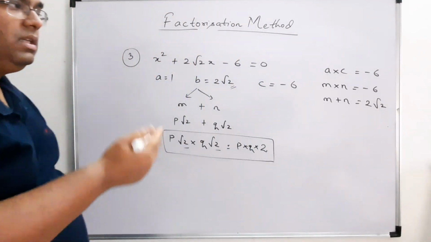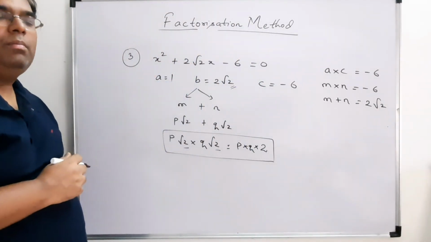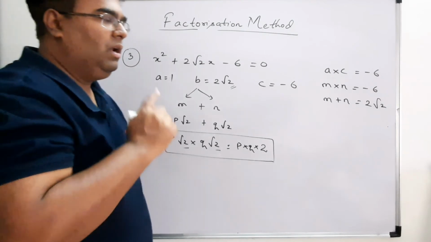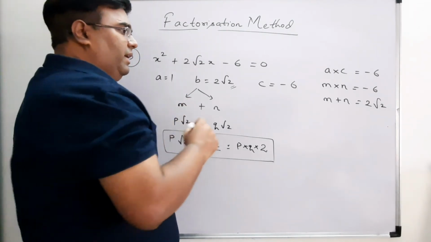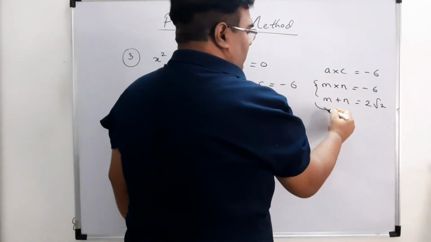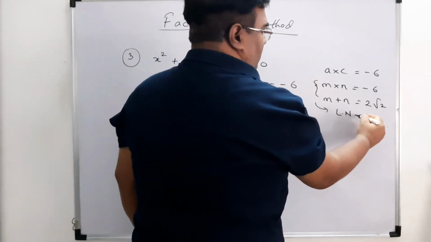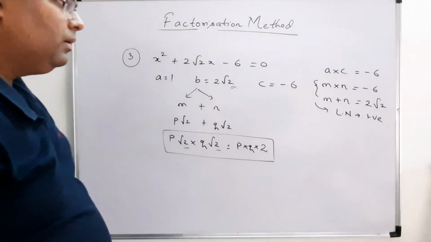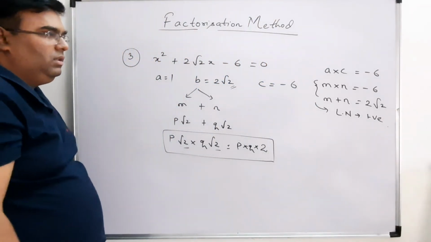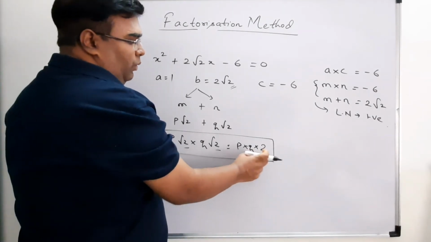Product is negative, but the sum is positive. It means your one number is negative and the larger number is positive, right? So from here we can say that larger number is positive. Okay, now let us find out how will we get p into q into 2.